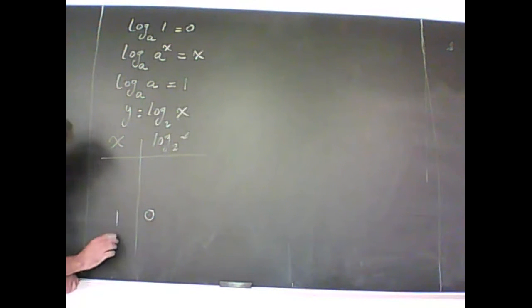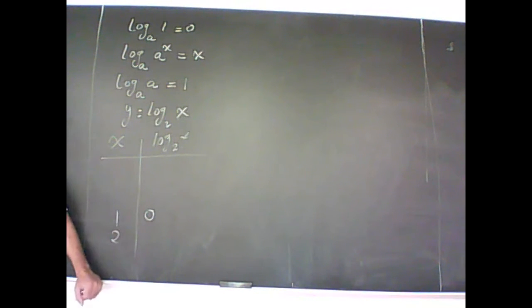What values for x should I choose now to get an answer that I can plot? 2. Yes, based on the rules, if the base and the number are the same, the answer is 1.